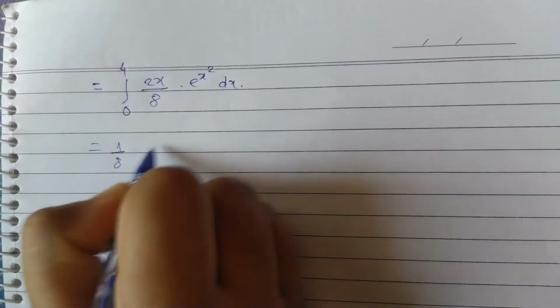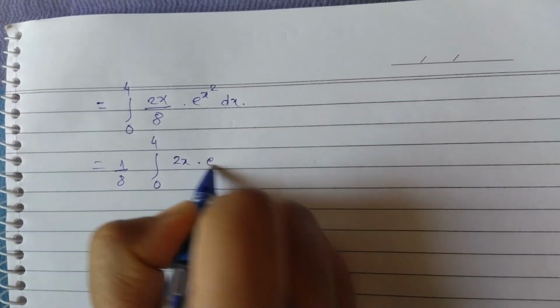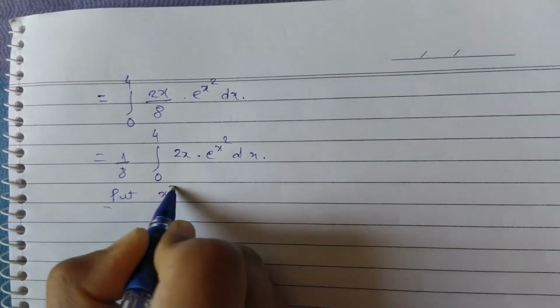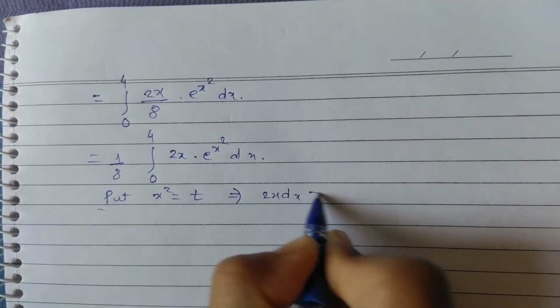We cannot directly integrate this, so we substitute x square equal to t. The derivative of x square is 2x, so we need 2x here; adjust it. It becomes 1 by 8, integral 0 to 4, 2x e raised to x square dx. Now put x square equal to t, then 2x dx is dt.